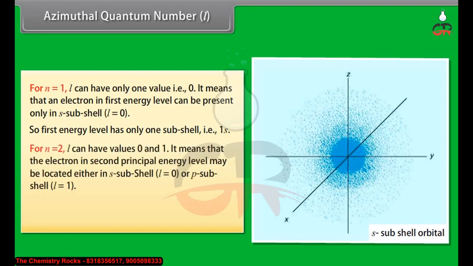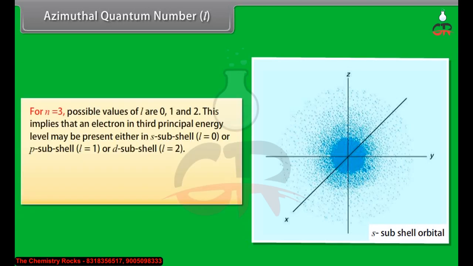It means that the electron in the second principal energy level may be located either in the s subshell, l = 0, or the p subshell, l = 1. So the second energy level has only two subshells, that is 2s and 2p. For n = 3, possible values of l are 0, 1 and 2.